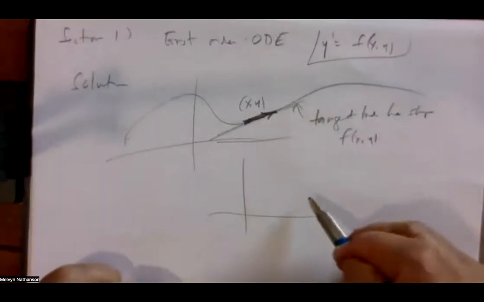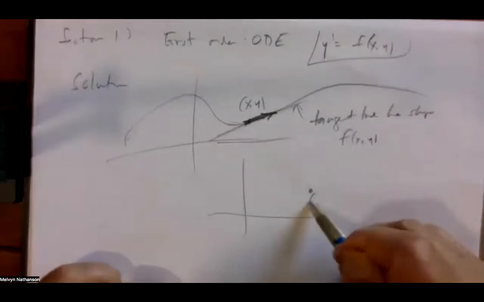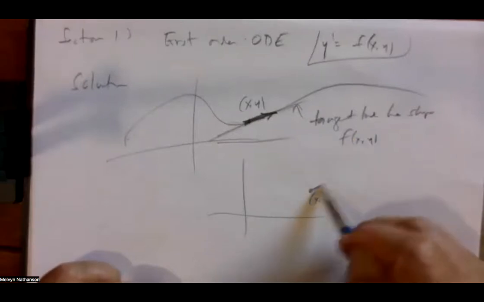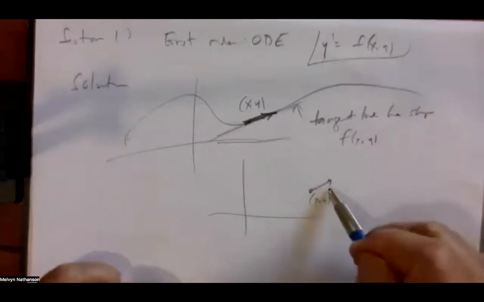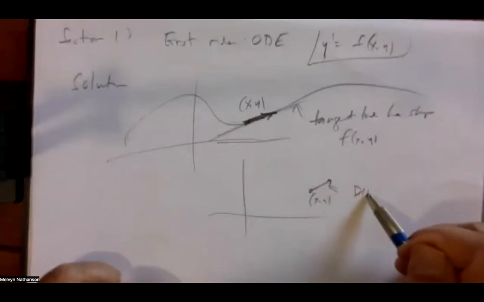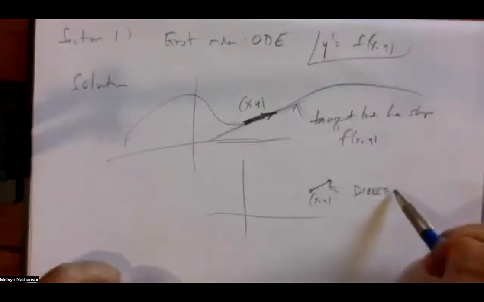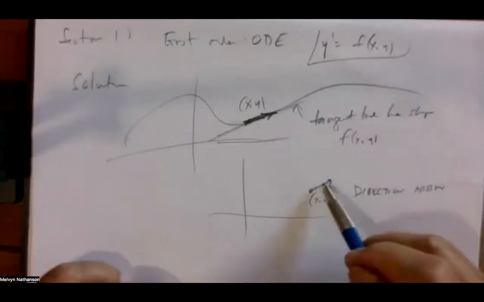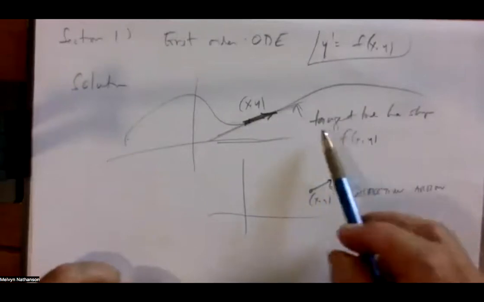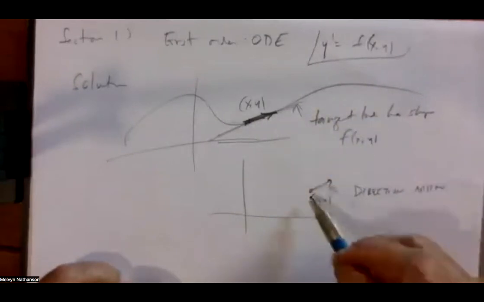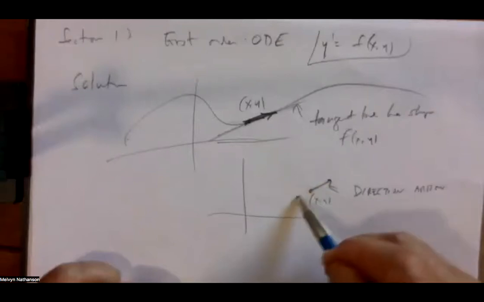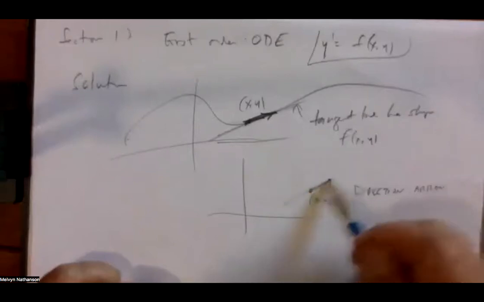So it's as if you take the point x, y and you draw a line through that point with slope f of x, y. You might call this a direction arrow. And if you had a solution to this differential equation that passes through the point x, y, the tangent to the curve at this point will be in this direction.